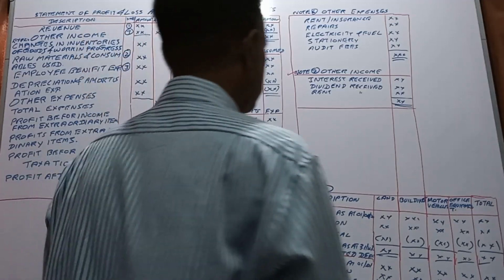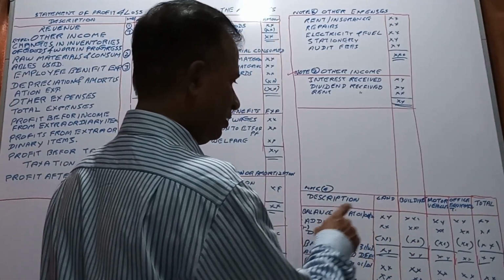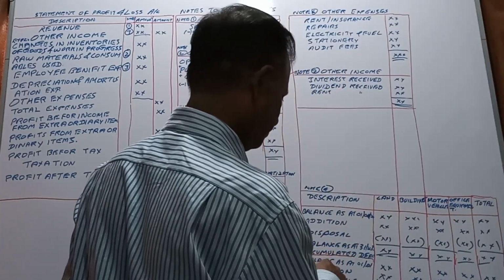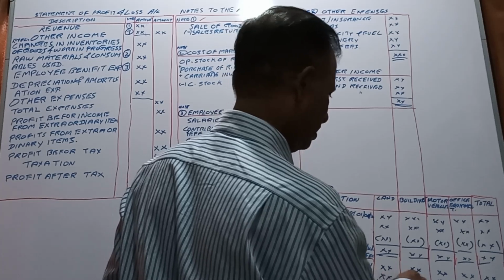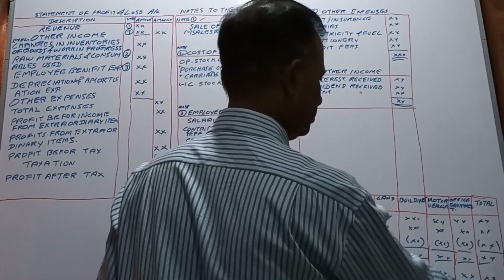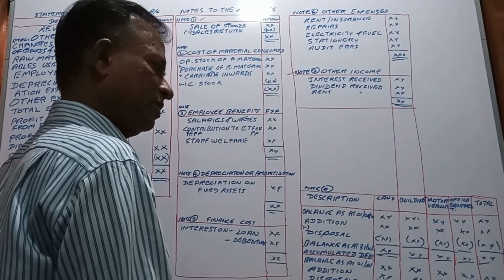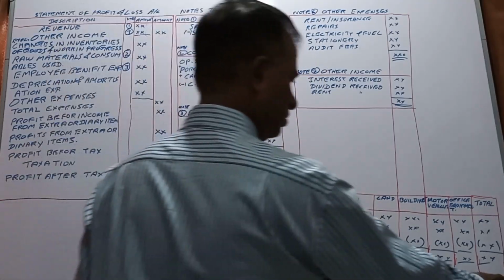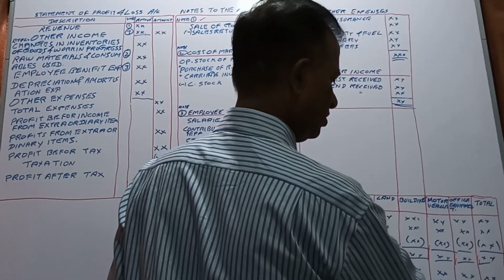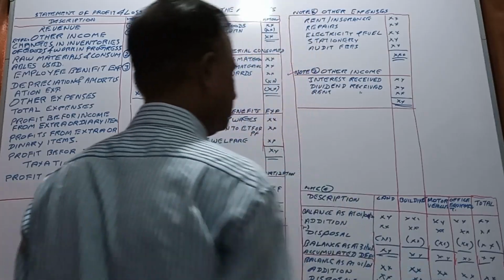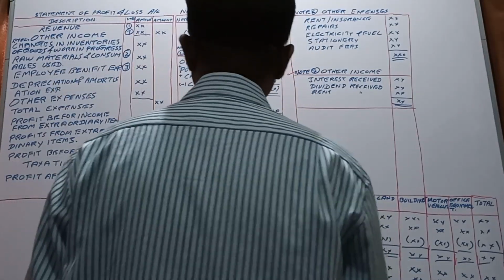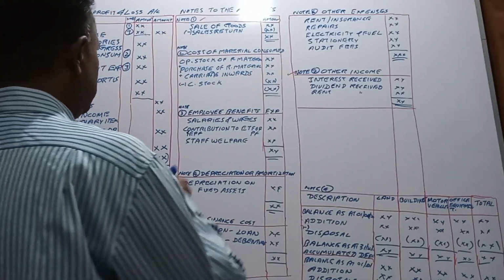Okay, so here, depreciation total: in the addition column, addition minus disposal, you will get the depreciation column. Opening balance plus additions minus disposals, you will get the total depreciation for the year. Okay, so we have seen that also.